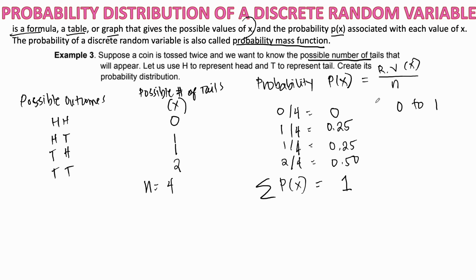Hindi siya pwedeng mag-negative at hindi siya pwedeng umexceed sa 1. Okay? So, examine natin yung mga probability natin dito. For 0, 0.25, 0.25, and 0.5, lahat sila ay nasa gitna ng 0 and 1. At kung pinag-add natin sila, okay, ang summation niya is 1. Therefore, yung ating pag-declare or pagbibilang ay tama. Okay?